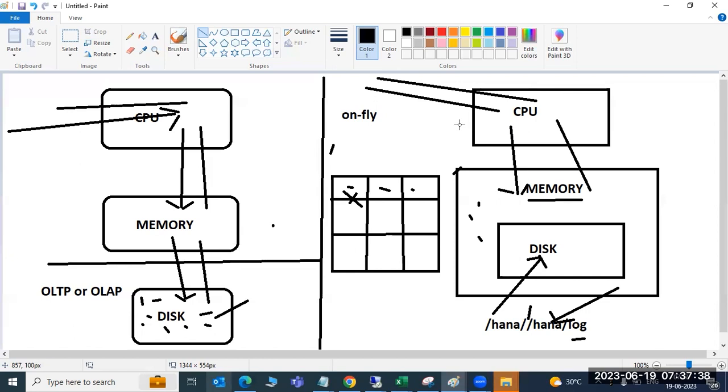A 10x compression technique is used, so maybe 500 or 600 MB will be in the memory. That 1 GB of data will be compressed and its size reduced, right? Suppose you have a documents folder and you zip it, what happens? The data is reduced. That is the 10x compression technique, right?